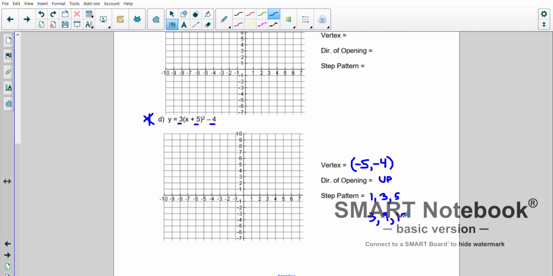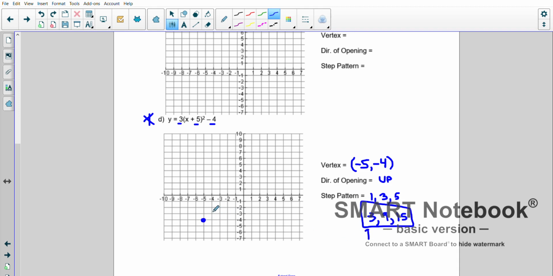So now I can put all this information together and make the graph. Ready? I'm going to plot the vertex, (-5, -4). I know this thing's going to open up, and to get to the next point, I'm going to use my step pattern. So to get to the next point, I go over 1, and then up 3.